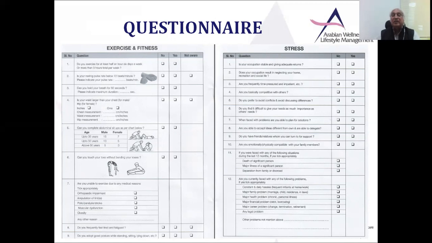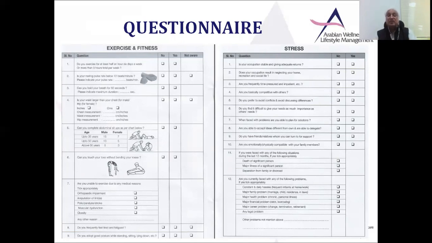All this is done through a questionnaire. And this is what a questionnaire looks like. In this instance, you will see some components or some questions relevant to exercise and fitness. We ask you for your pulse rate, we ask you whether you can touch your toes and so on. And we ask you some questions on stress.